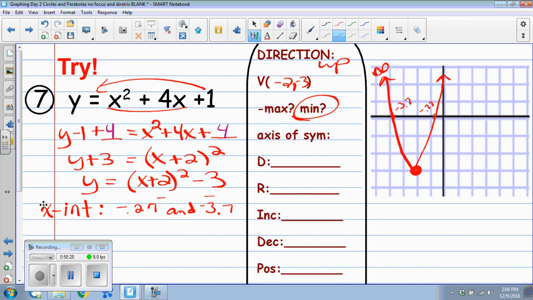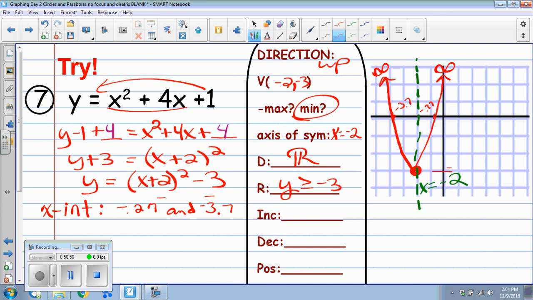And I can go ahead and put my end behavior is going to be positive on both ends. The axis of symmetry is the line x equals -2. My domain is all reals. My range is all of the y's greater than or equal to -3.